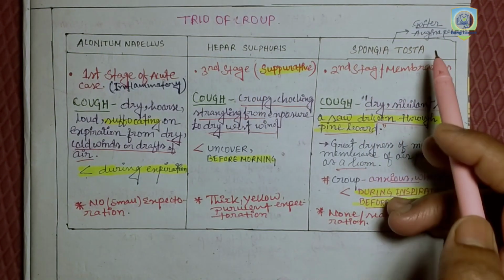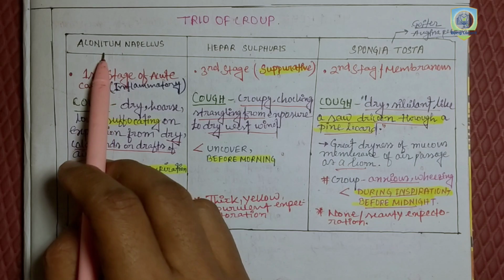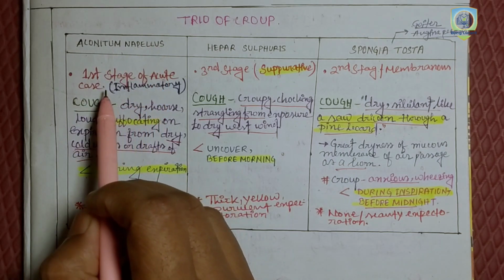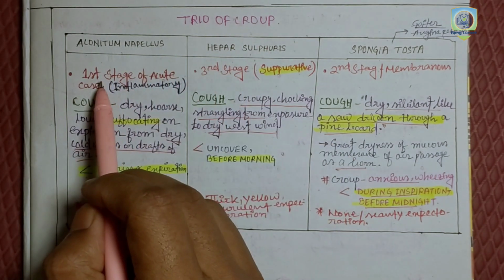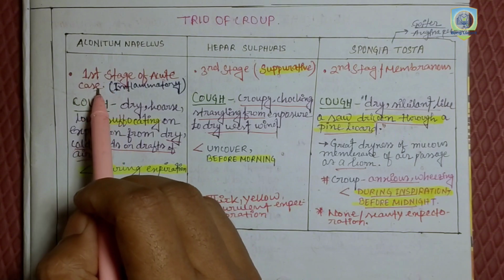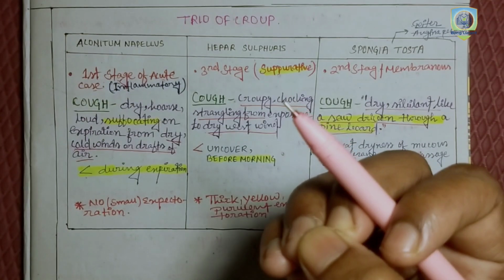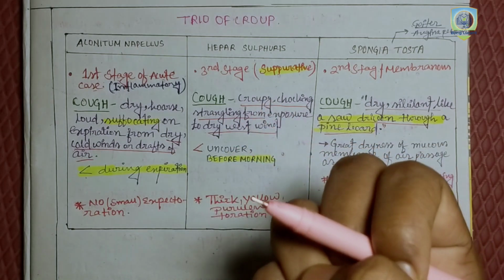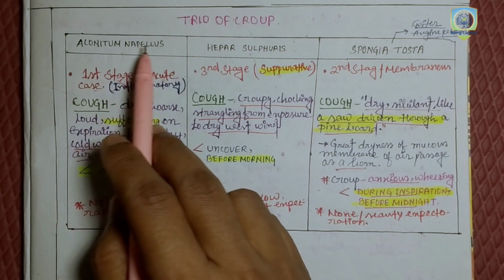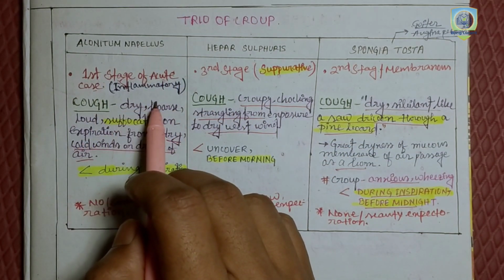First of all we see Aconitum napellus, where the group is especially in the first stage of acute case. The group characteristic is first stage, it comes suddenly, very violent and wild, and here the inflammatory stage is marked.